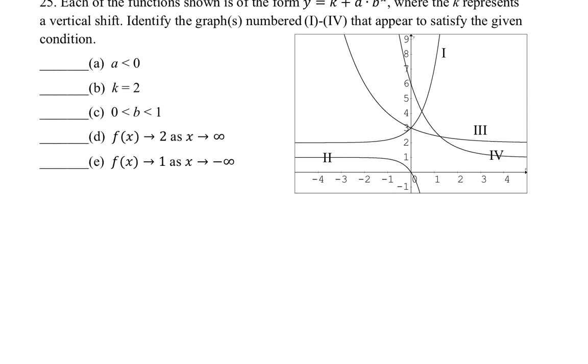I know when a is less than 0, that means that it is negative. And that means that we have a negative b to the x graph, so we're going to flip our normal graph over the x-axis down here. So our graph is now going to point downwards. And that fits condition 2.